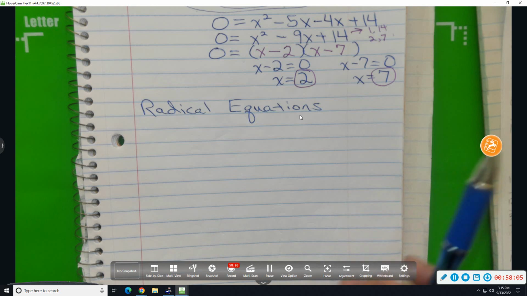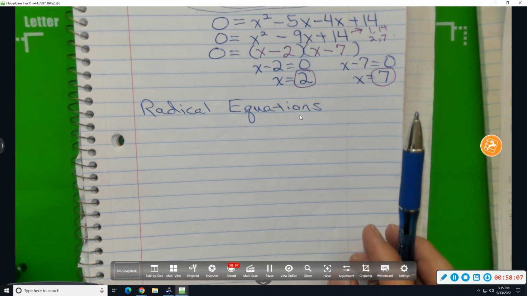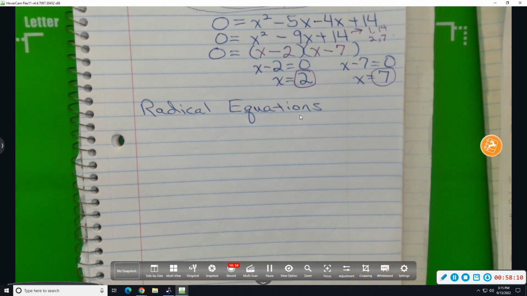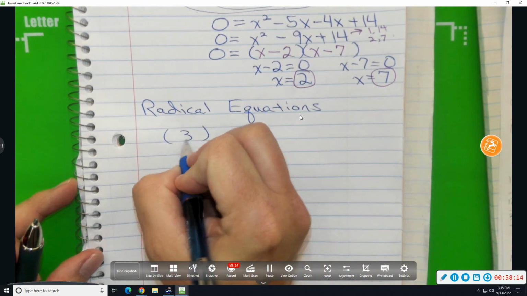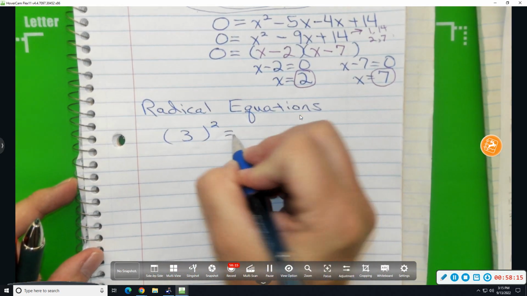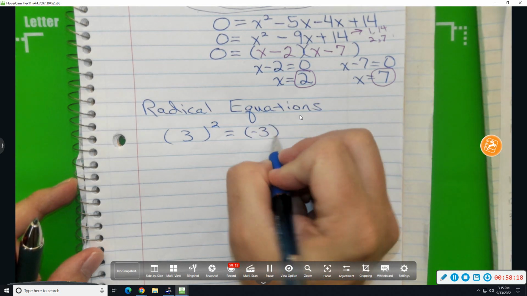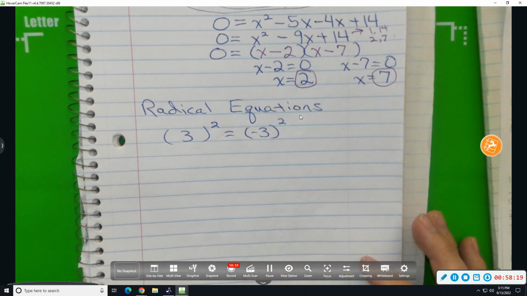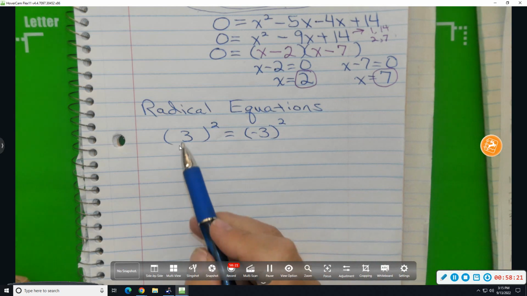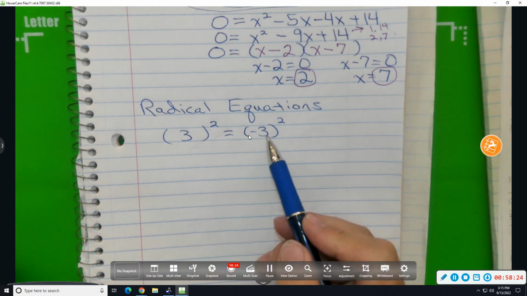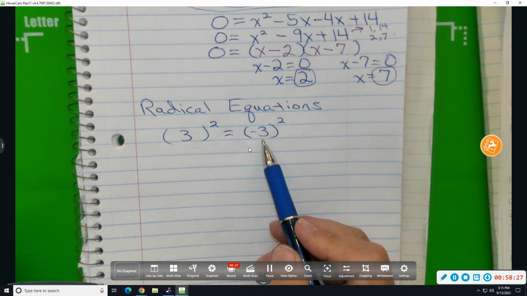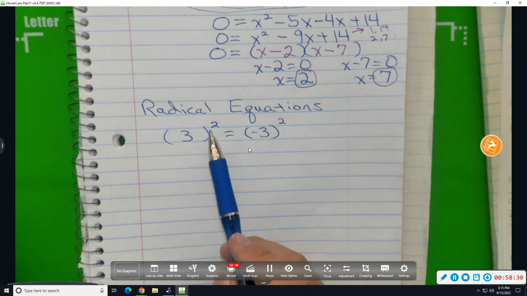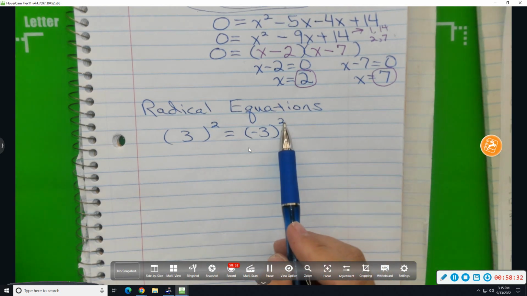It goes back to the square root of a times the square root of a equals a. As long as we have the squares, that's a true statement. 3 squared is 9. Negative 3 times negative 3 is also 9, right? So as long as you have those squares, that's a true statement.